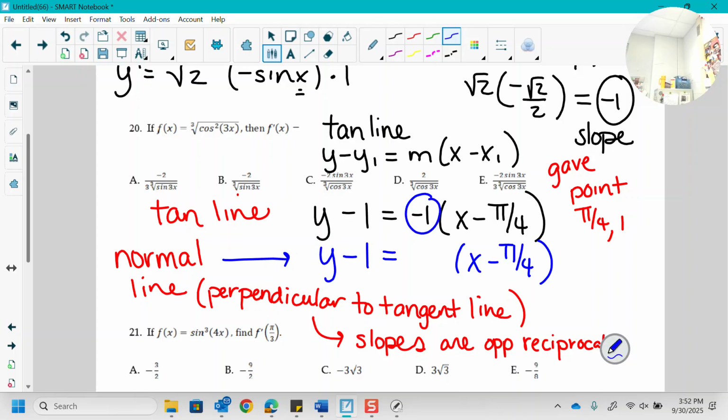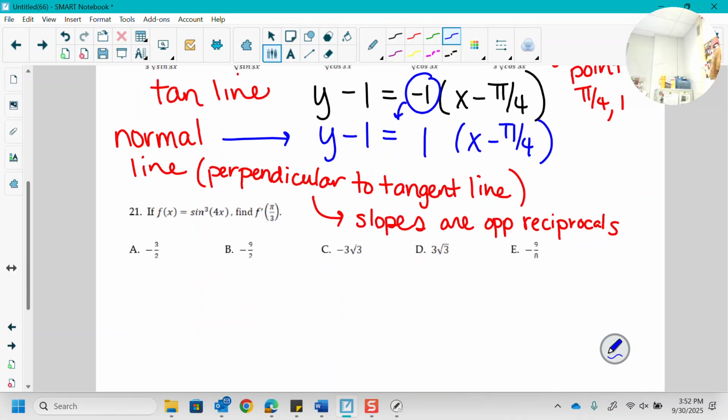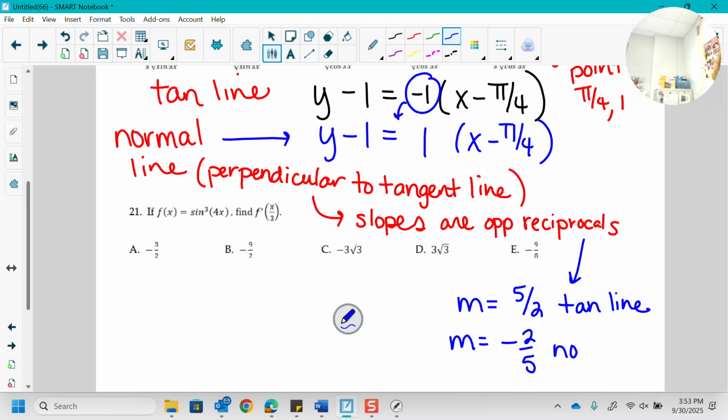It just needs to use a different slope, an opposite reciprocal slope, which means positive 1. Just a quick reminder, opposite reciprocals. For example, if I had a slope of 5/2 for the tangent line, my slope for the normal line would be negative 2/5. So anytime you get a tangent line, you can write a normal line too.